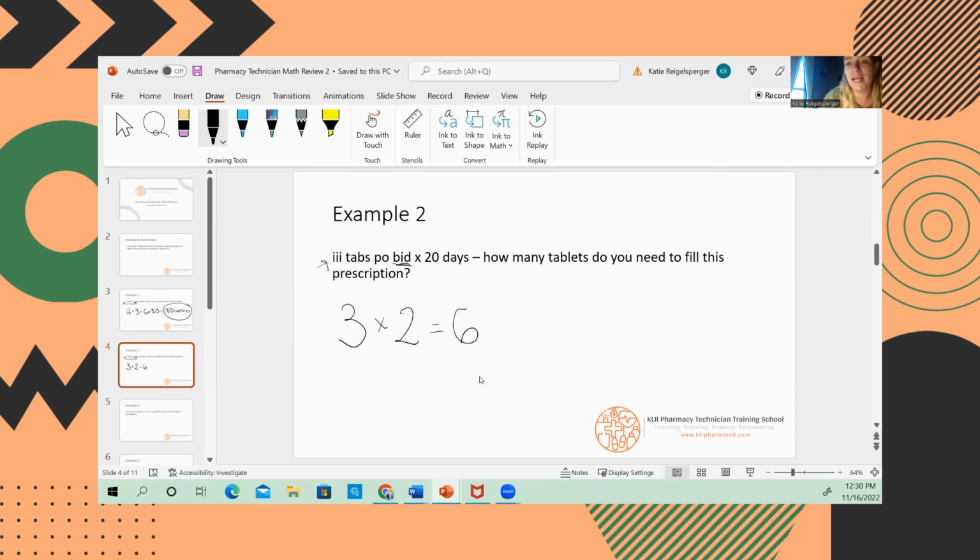How many days do we take 6 tablets a day for? 6 times 20 equals, use your calculator, 120 tablets. You need 120 tablets to fill this prescription.